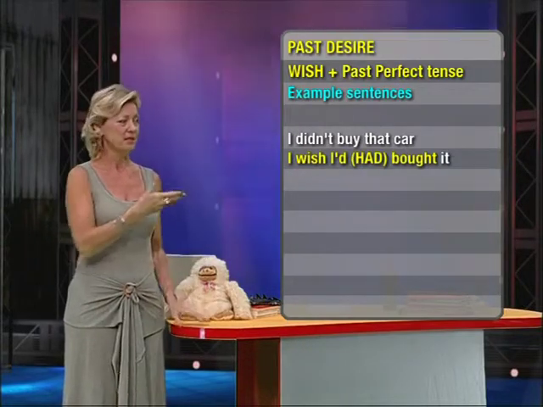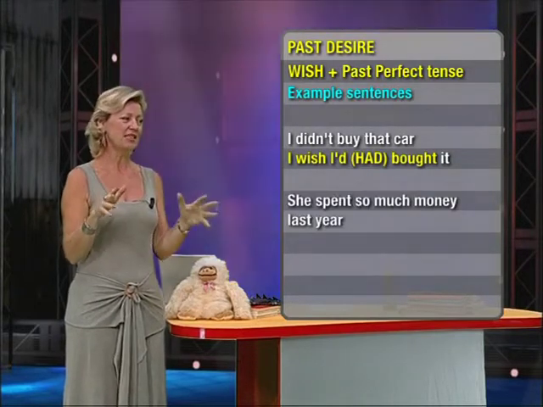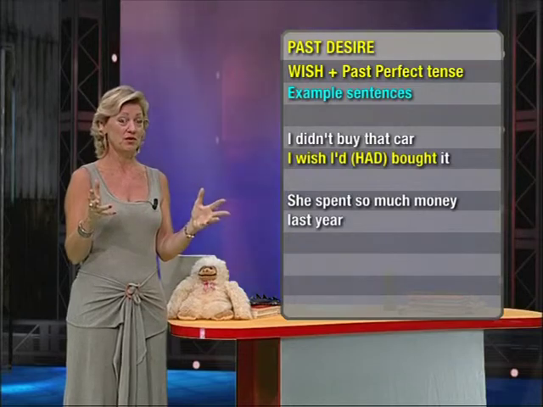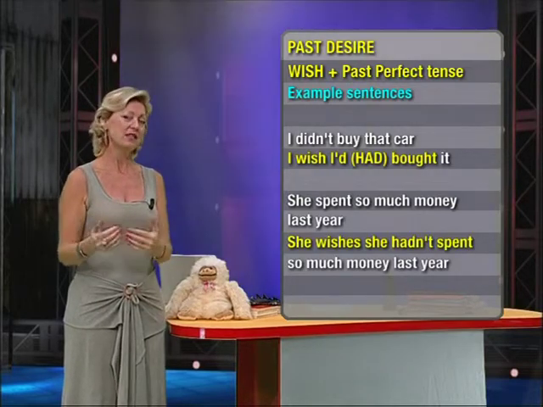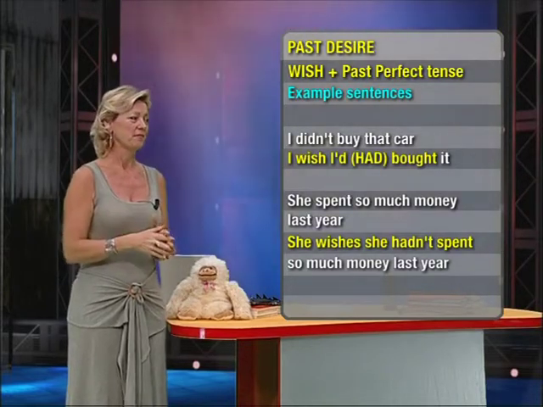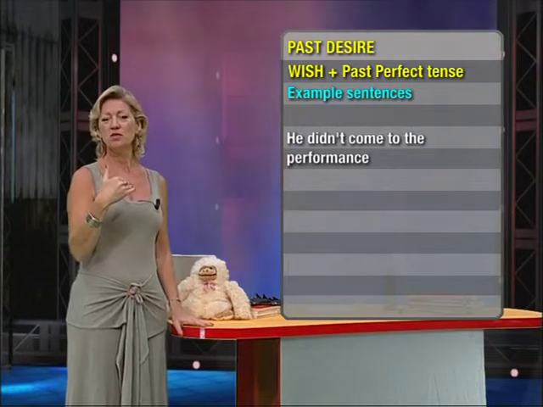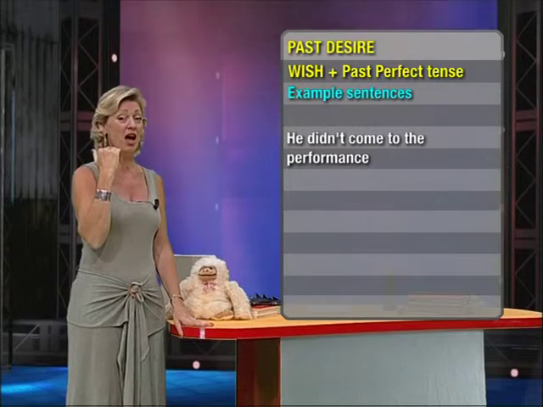All right, another example. She spent so much money last year, and now she's got problems. So she wishes she hadn't spent so much money. All right, past perfect. He didn't come to the performance. That's the situation. His desire in the past.